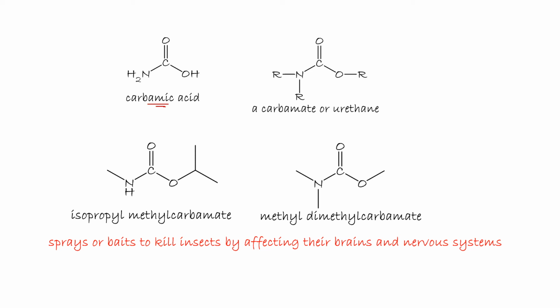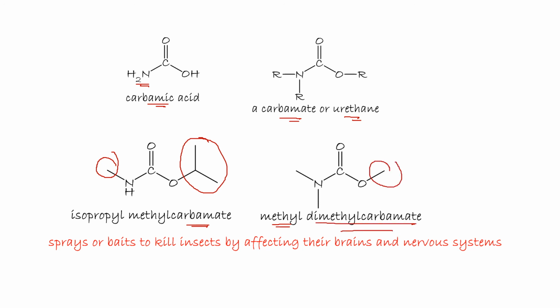Carbonic acid, when one of the OH groups is replaced by NH2, gives a carbamate, or as they call it, urethane. This is isopropyl methyl carbamate, and here we have methyl dimethyl carbamate.